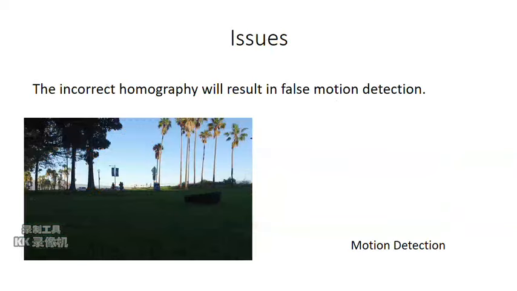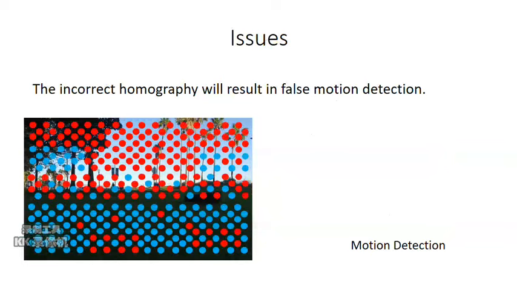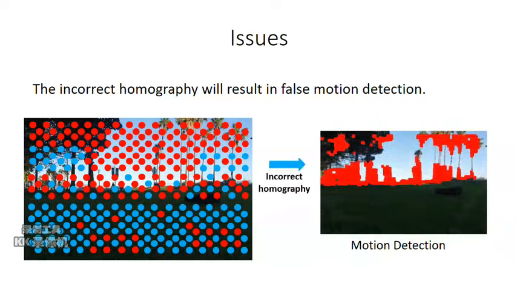However, dominant plane homography estimation becomes difficult as the percentage of outliers from RANSAC is high, resulting in the corruption of secondary homography estimation. As the image shows, the incorrect homography will result in false motion detection.